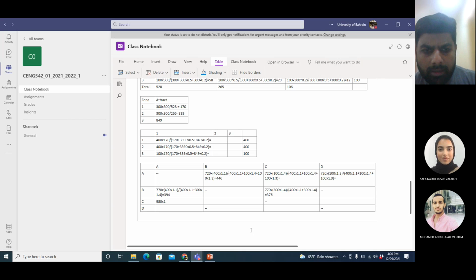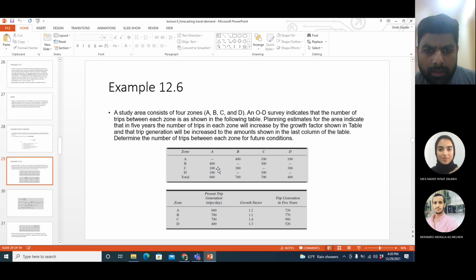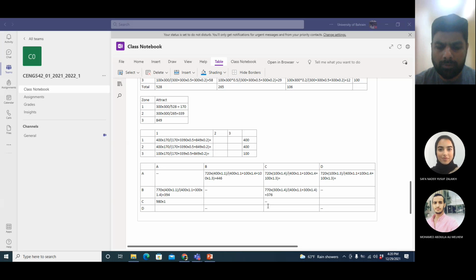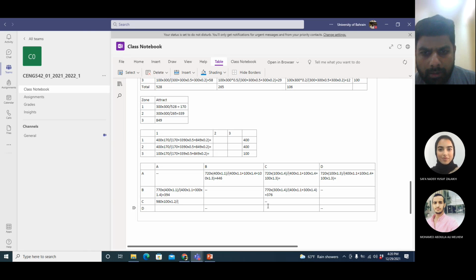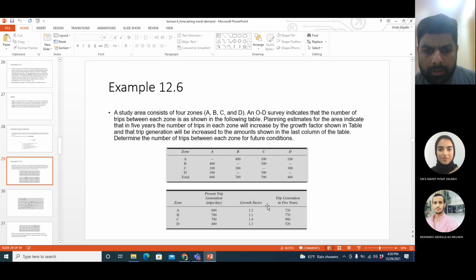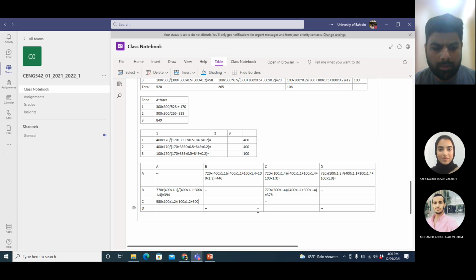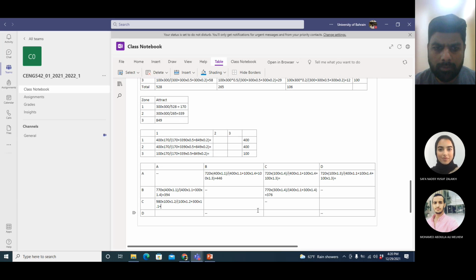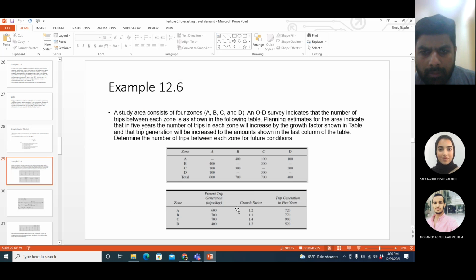For A, 100 and 1.2, plus 300 into 1.1, plus 300 into 1.3.